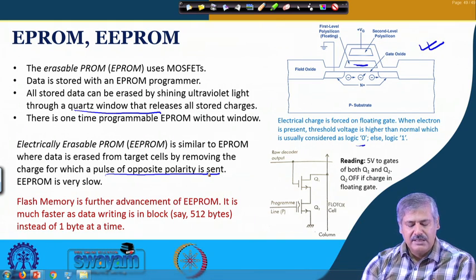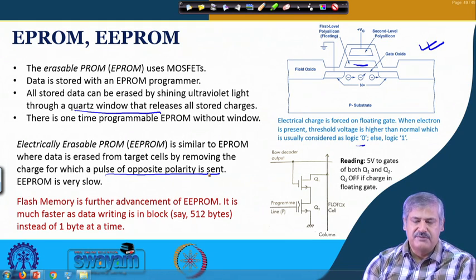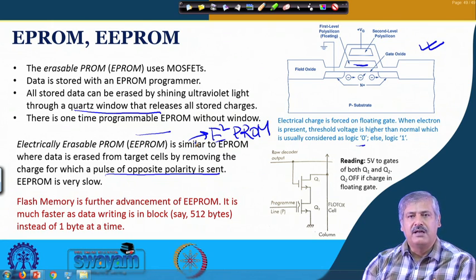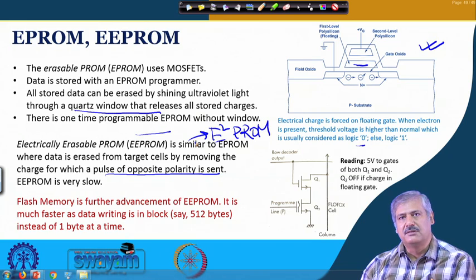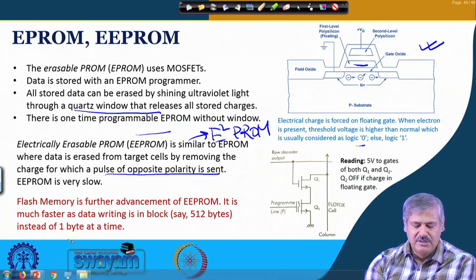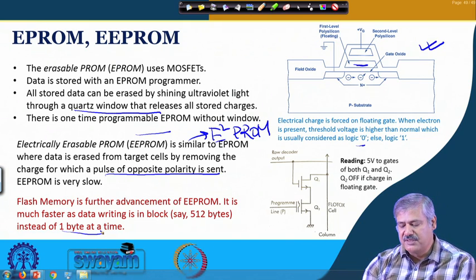Of course, this is very slow, and after that came flash memory, which is faster than EEPROM, or E square PROM as it is often called. Here the data writing happens in blocks of, say, 512 bytes, instead of 1 byte at a time as in normal E square PROM. So, that makes it faster.